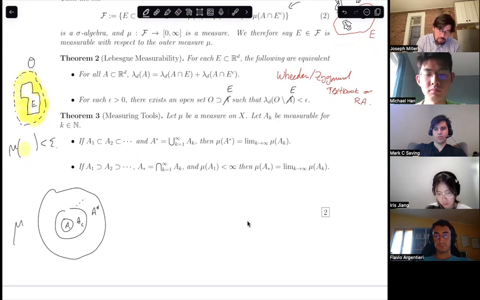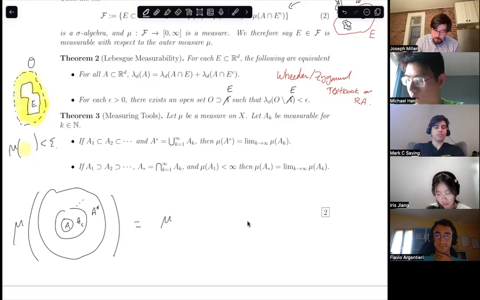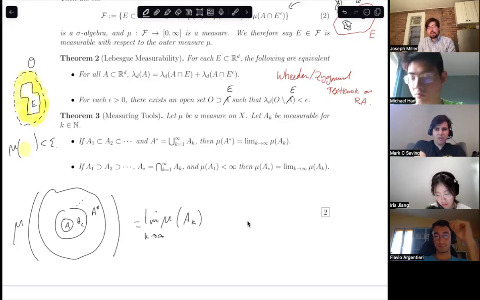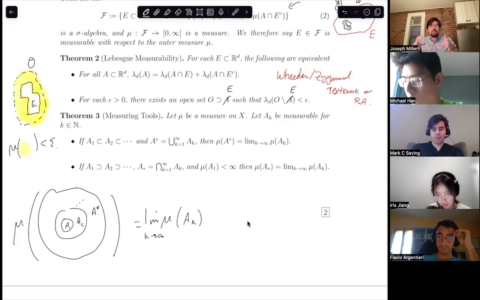What I want to say is that mu of this guy is going to be the limit as k goes to infinity of mu of A_k. That's a pretty natural notion. If I'm increasing, I want the measure to be the limit of each of the individual pieces.